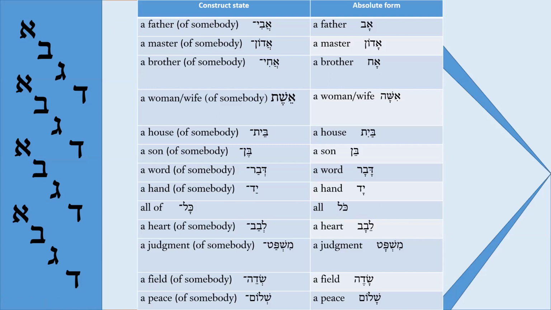In the first syllable, kamets and tzere will be reduced to shiva. In the second syllable, if it is kamets, it will be reduced to patach, usually, and segol sometimes behaves irregularly. But these are the general rules of the reduction of vowels.